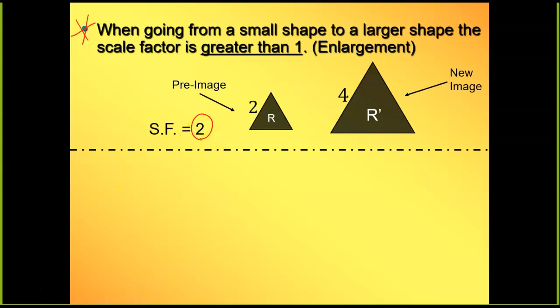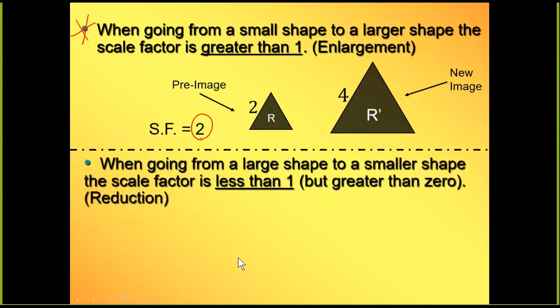All right, this next sentence you're going to be writing down as well. And it's important. When going from a large shape to a small shape, the scale factor is less than 1. So up here we had greater than 1, made an enlargement.